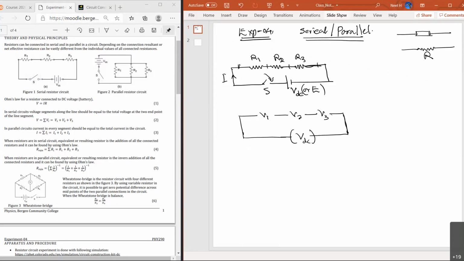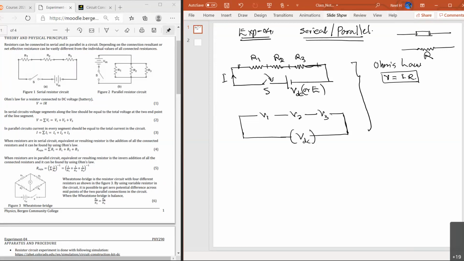Then we can apply Ohm's law. Everybody knows Ohm's law now? Ohm's law means if you have a resistor and you measure the voltage and current through the resistor, those two should be proportional to each other. That proportionality constant is what we call the resistance. V should be equal to IR, right? We discussed that in detail in the last experiment.